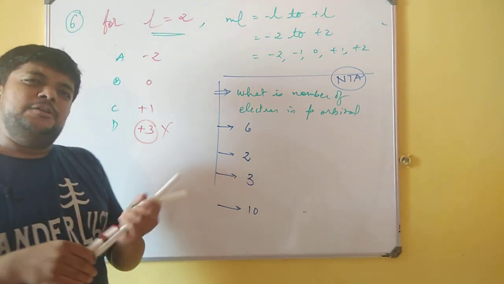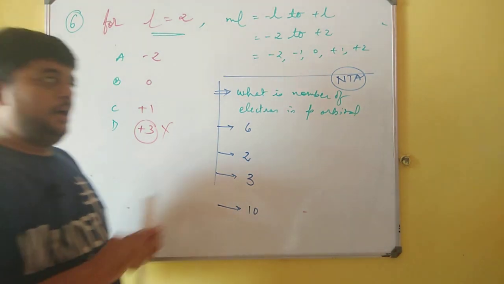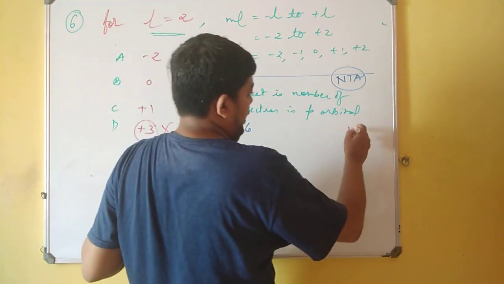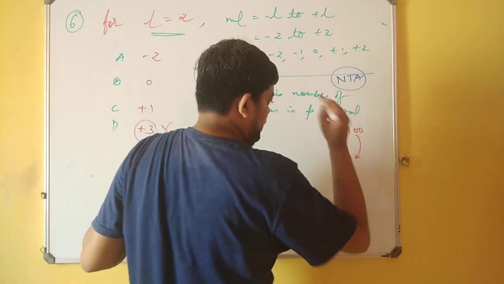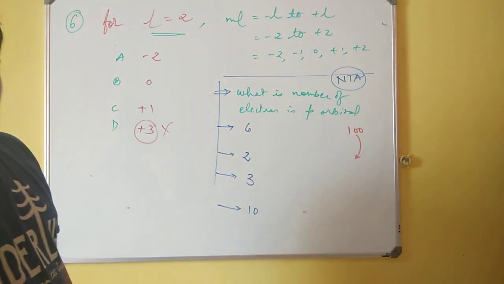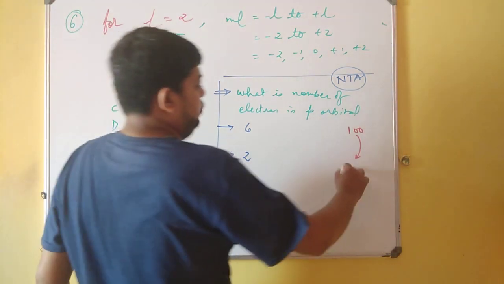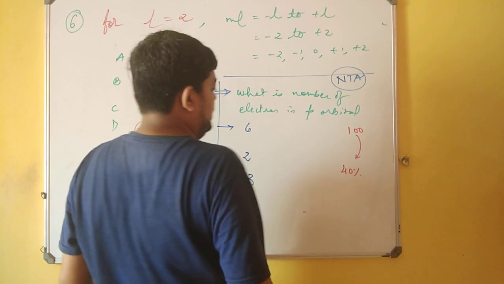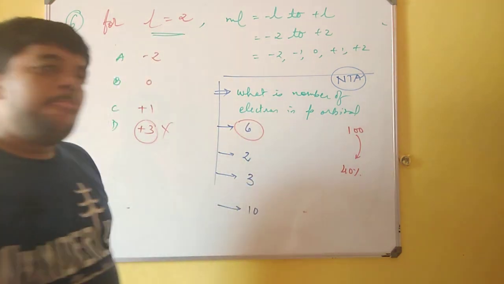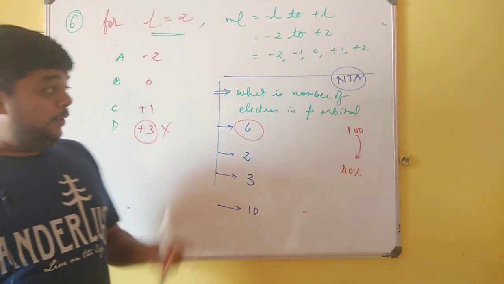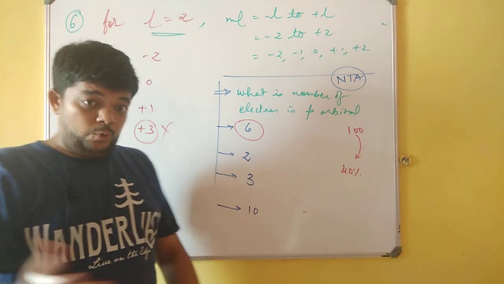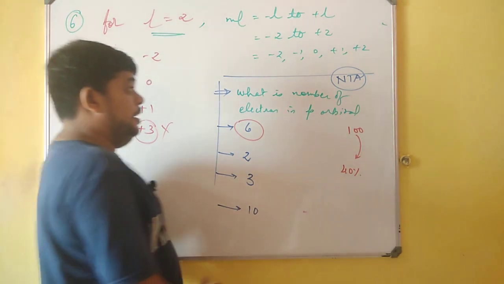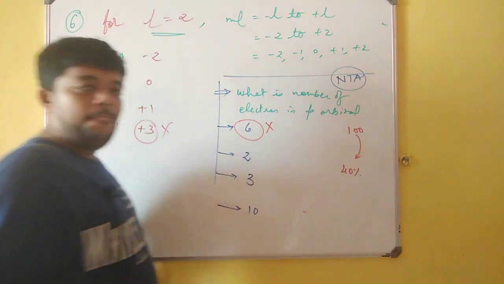Generally, up to what I know, for every 100 participants in that exam, 40% attempted the answer 6. Few of you might have got the answer in your notes now itself, and this was the wrong answer.